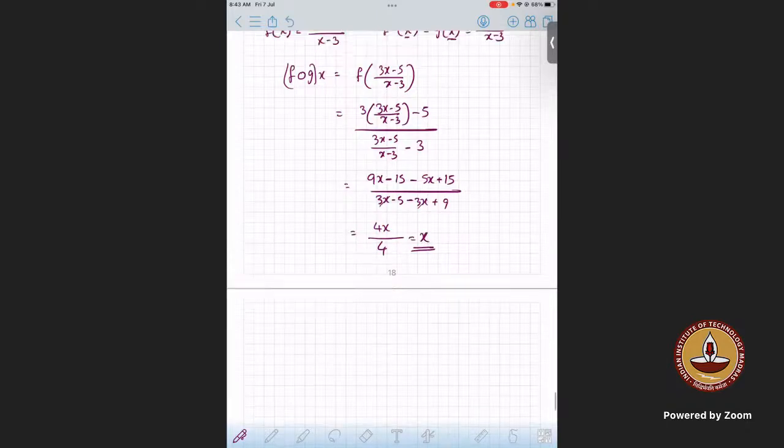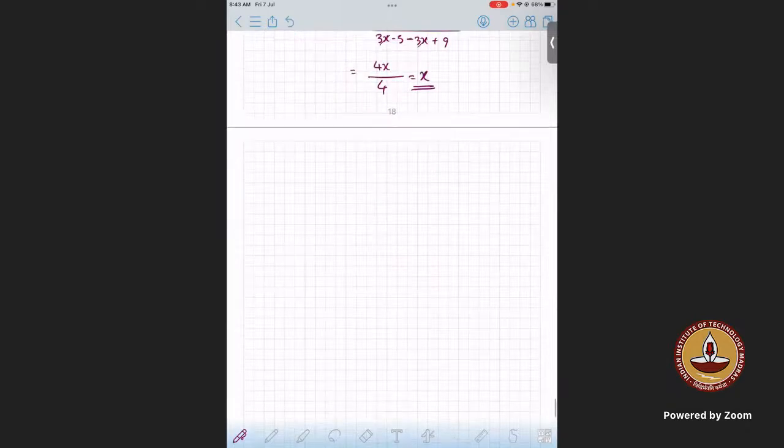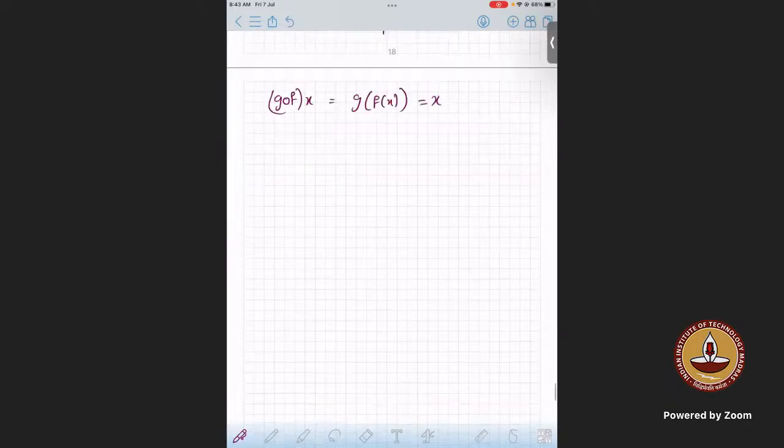If you find g of f of x also, you will get the same. So f of g of x is equal to g of f of x is equal to x. So we can say g of x is the inverse of f of x.